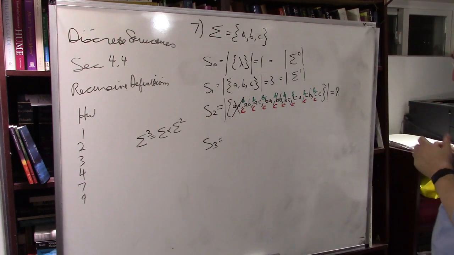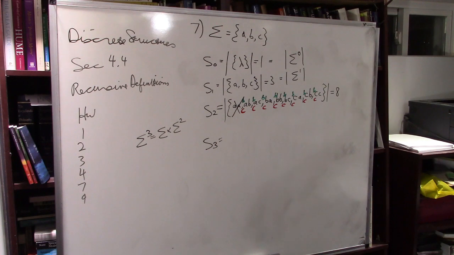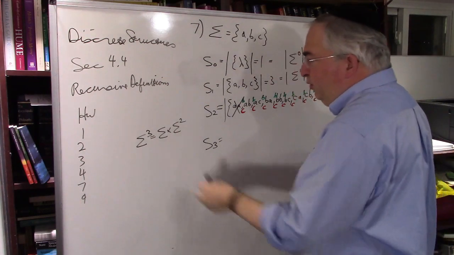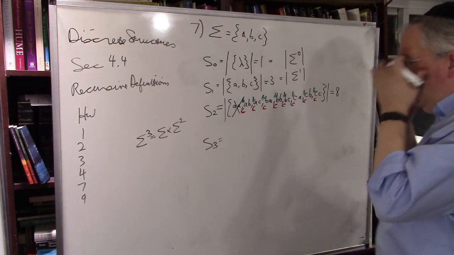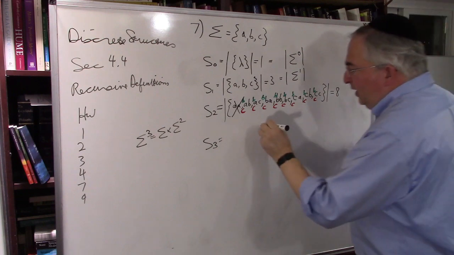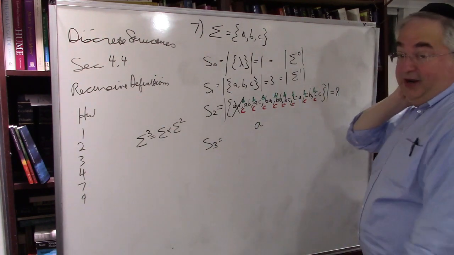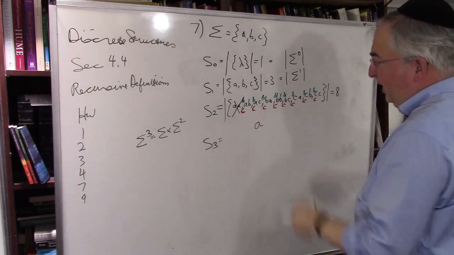Great. Now, what about words that start with A? I want a three-letter word that starts with A. Let's think about it. So I have an A. Now, I can't put an A again because that would be an AA.